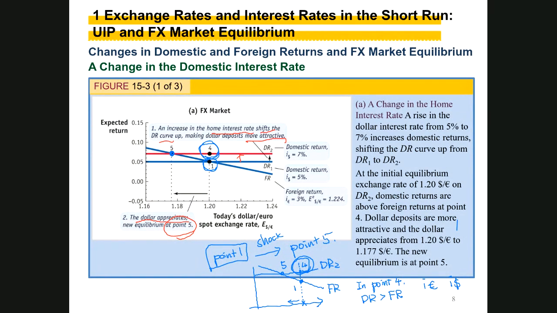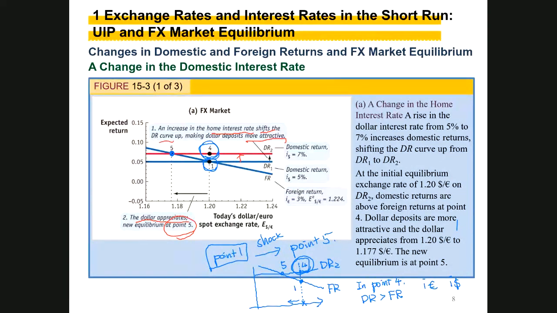So people will try to convert the foreign assets into dollars more because they know that if you put your asset in terms of the dollar, you could have more return. So the demand for the US dollar increases, right?